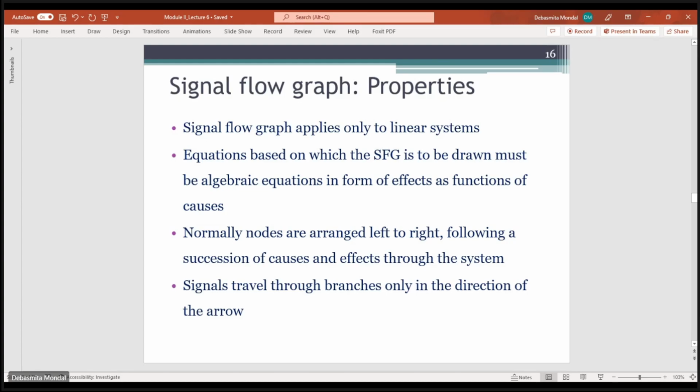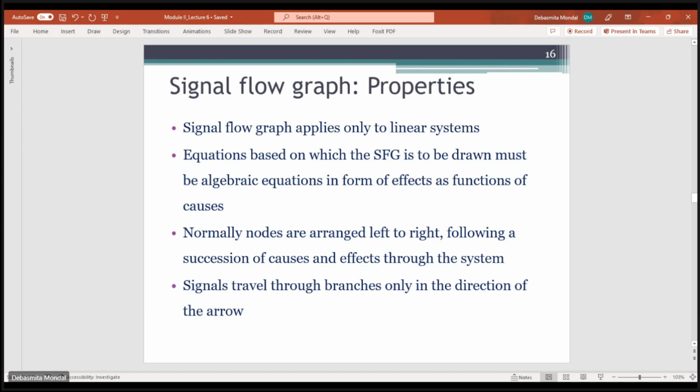Once you have done that, the equations on which signal flow graphs are based should be algebraic equations in the form of a cause and effect relation. There should be an input and an output. Also, the nodes are generally arranged from left to right, because once the signal flows, the left side is your input and the right side is your output.